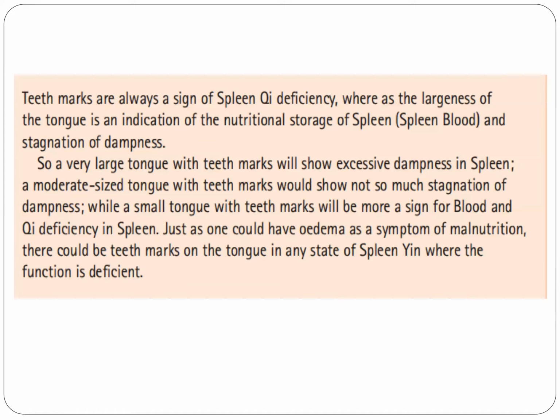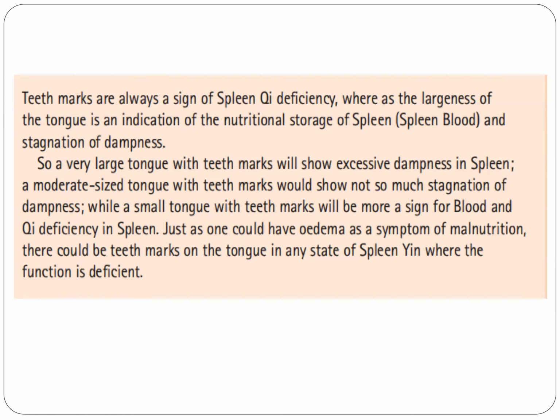These marks are always a sign of spleen Qi deficiency, whereas the largeness of the tongue is an indication of the nutritional storage of the spleen, particularly spleen blood, and stagnation of dampness. So, a very large tongue with teeth marks will show excessive dampness in the spleen.